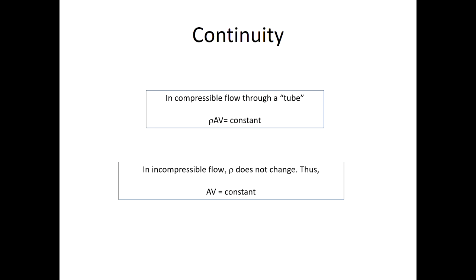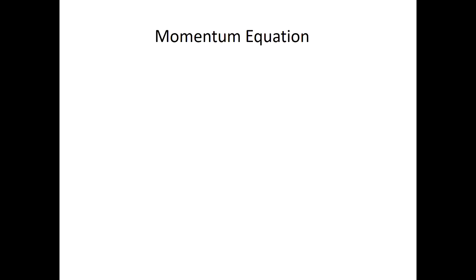So rho times A times V is a constant. In an incompressible flow, rho is a constant. Therefore, volume rate of flow is a constant. Cubic meter per second is a constant. That's the mass flow rate, very, very simple conservation of mass along a stream tube. That's one of the 5 equations we need.